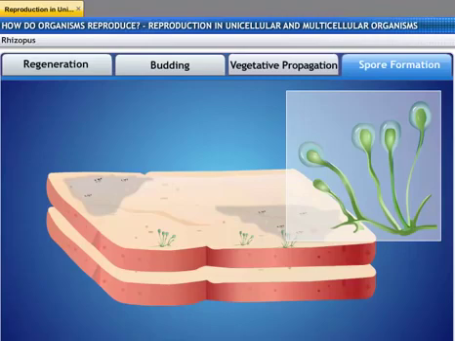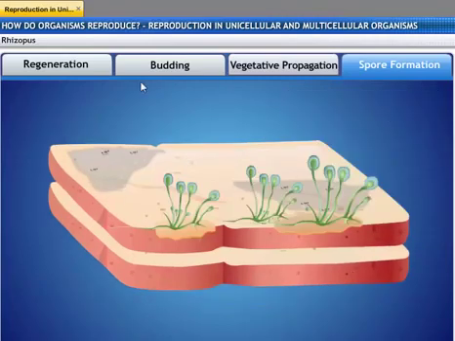Remember I told you there are two methods of asexual reproduction in plants. Yes, of course. One is vegetative propagation and the other is through spores. Very good. The growth of this mold is an example of asexual reproduction through spore formation.